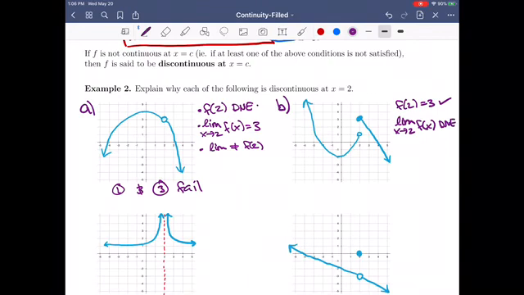The left-hand limit goes to 1. As we approach from this side, we're approaching this hole, which is at y equals 1. And as we come to the right, we're approaching the point here at 3. Because 1 and 3 are different, the limit doesn't exist, and therefore it cannot equal 3. So here we have 2 and 3 fail.